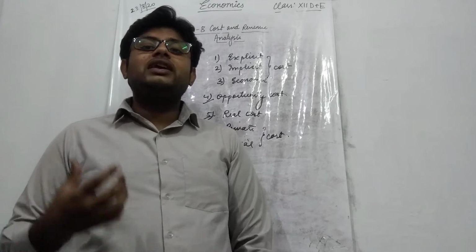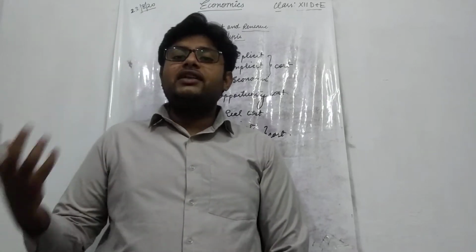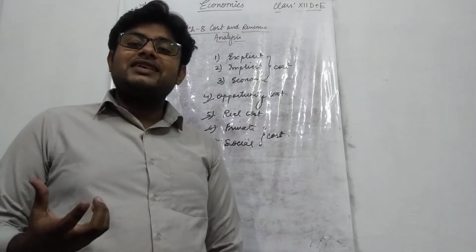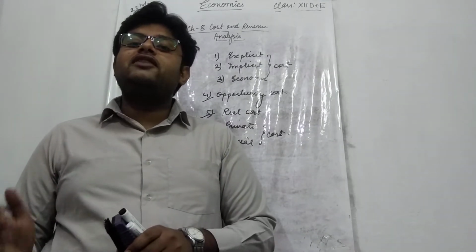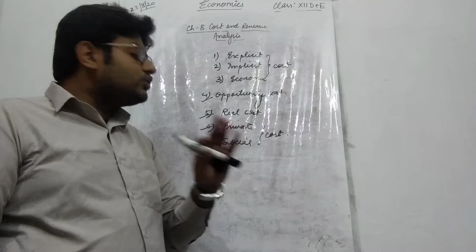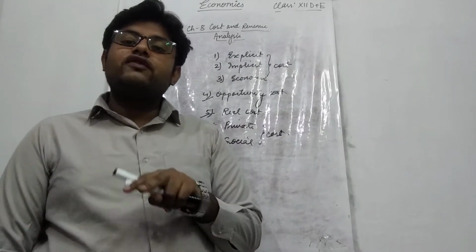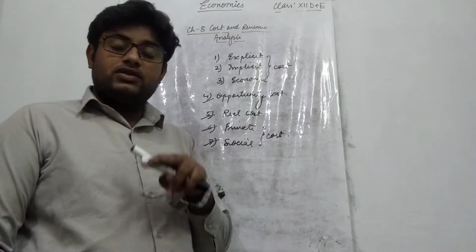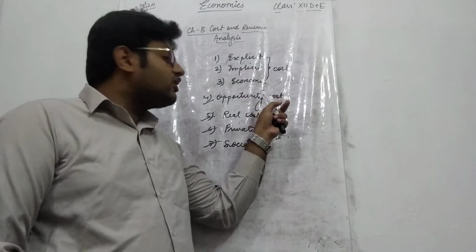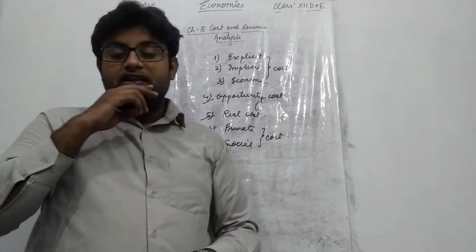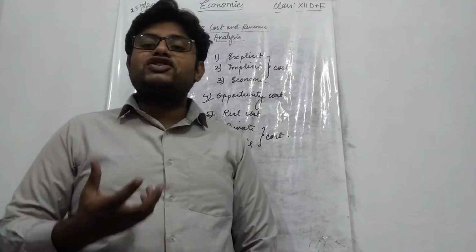It can also be used in production of the other commodity also. That is why it is said that resources are scarce and they have alternative uses. Due to these two features of resources only, your concept of opportunity cost arises.